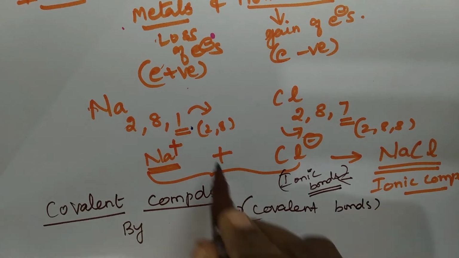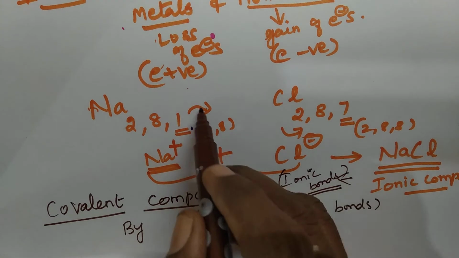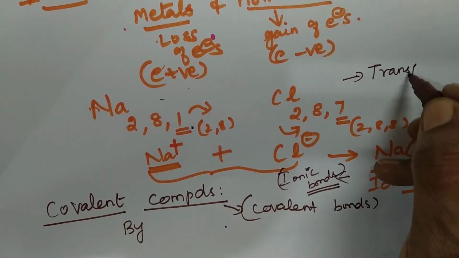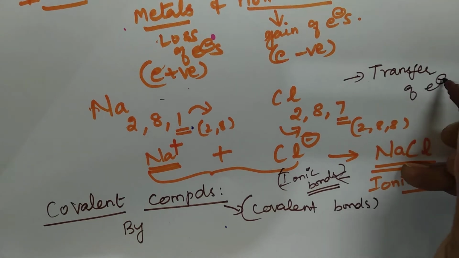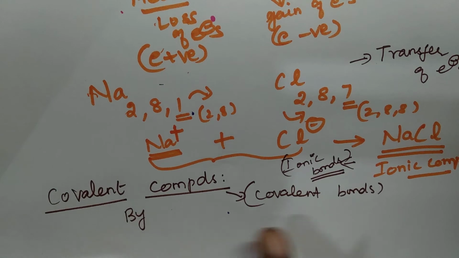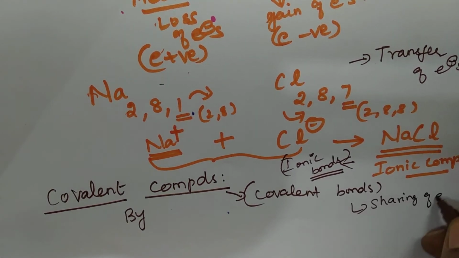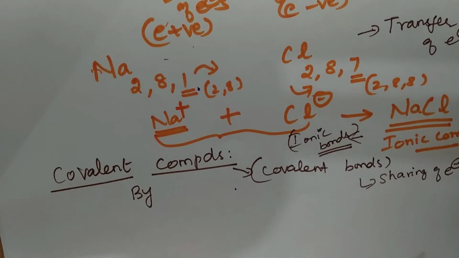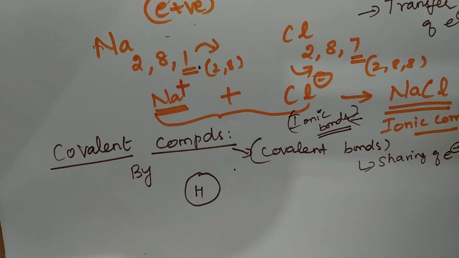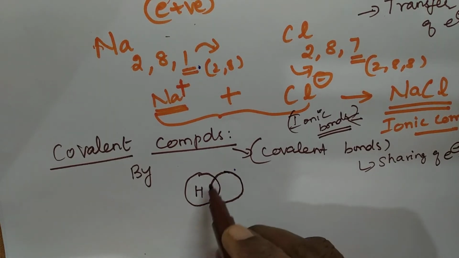In ionic compounds, the formation of the bond is due to the transfer of electrons, but in covalent compounds the formation is due to the sharing of electrons. For example, hydrogen has 1 electron in the outermost shell and needs 1 more to get the duplet configuration.